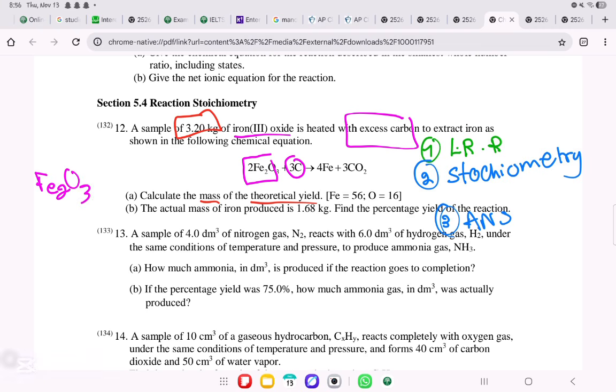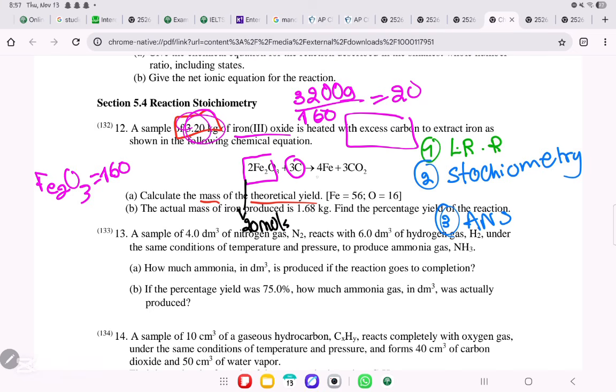Now you take the given mass, 3,200 grams over 160, which gives the number of moles to be 20. Perfect. So if 2 moles became 20 moles, how much will 4 moles become?